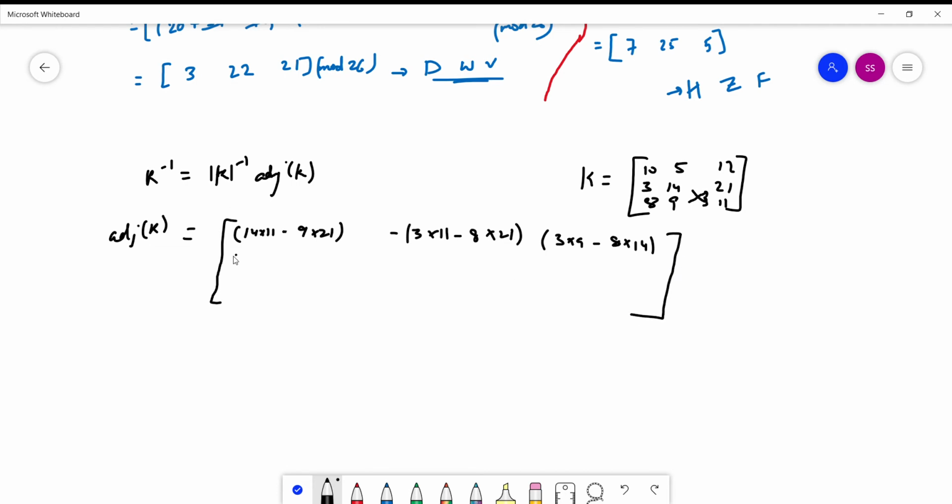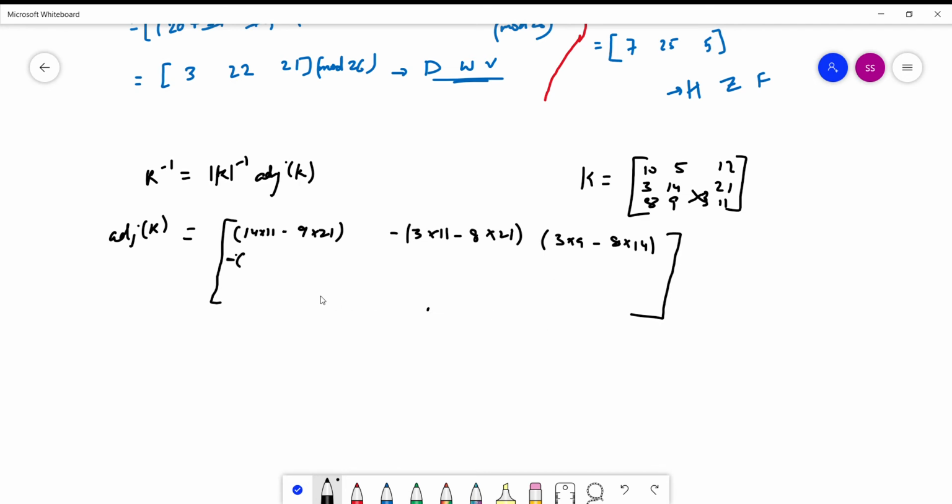Now this will be negative. So in a 3 by 3 matrix the sign moves as positive, negative, positive, negative, positive, negative, positive, negative, positive. So just alternate sign will always be changed.